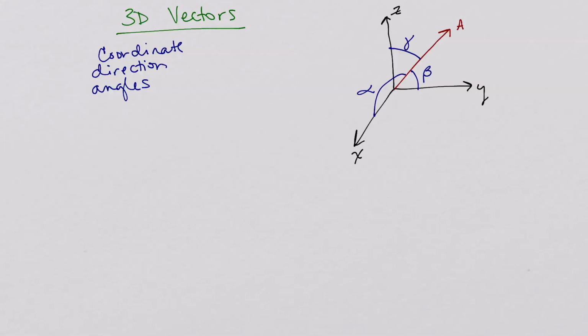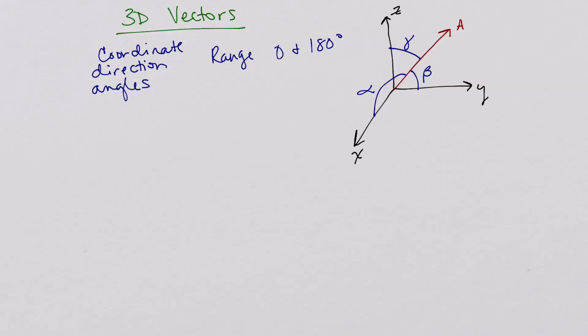These angles are between the vector and the positive x, y, or z axis. So you see with gamma, it goes from A up to the positive z-axis. That means the range of those is between 0 and 180 degrees.